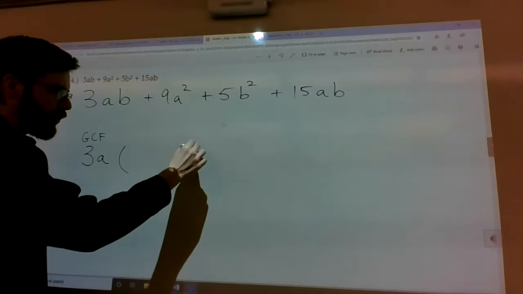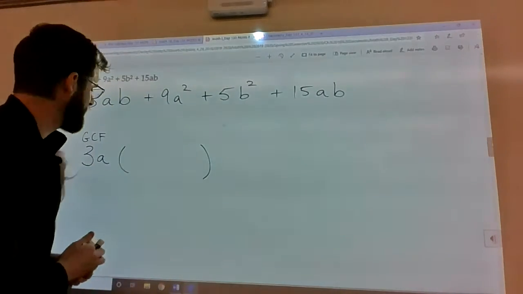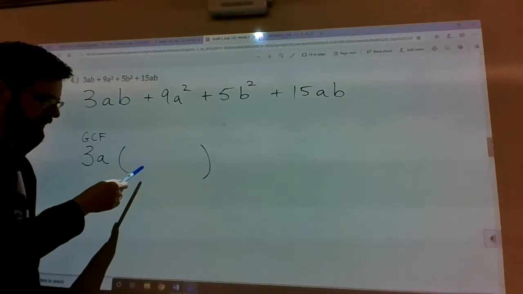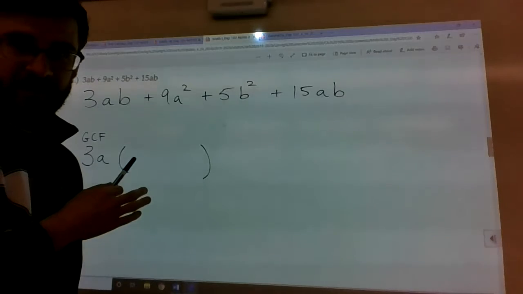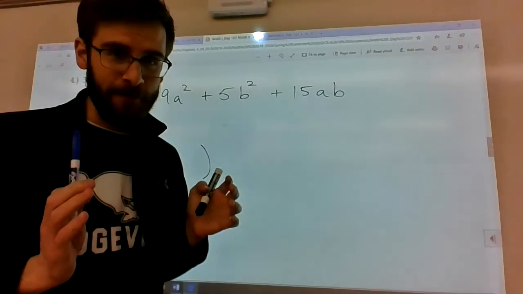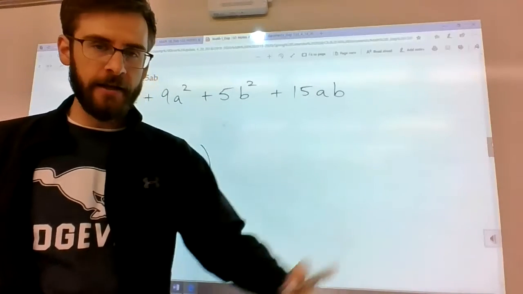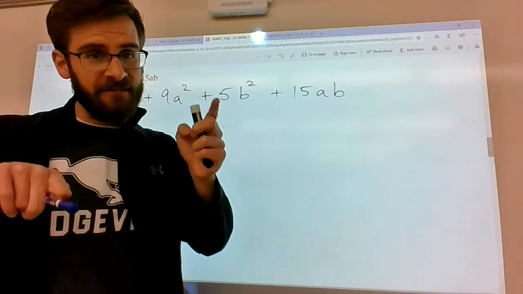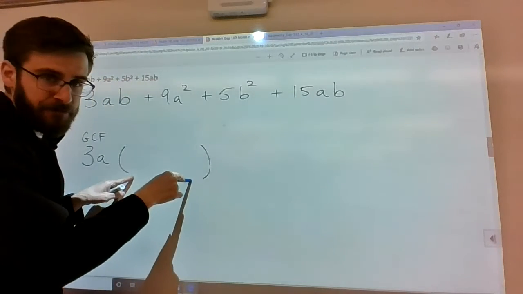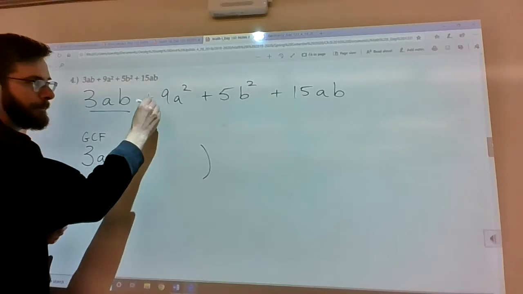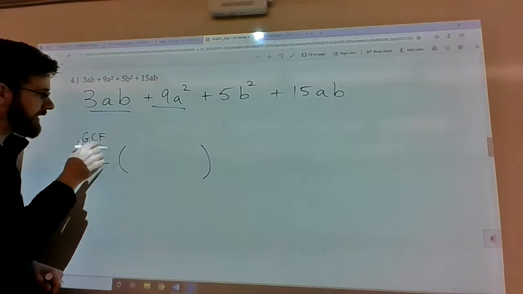Now, what's a quick way to get the leftovers? Remember, we are doing the opposite of the distributive property. The distributive property is basically multiplying one thing on the outside times everything on the inside. So if we're doing the opposite of multiplying, that would be division. Technically you can figure out what your leftovers are by dividing both parts by the GCF. The GCF was 3a.